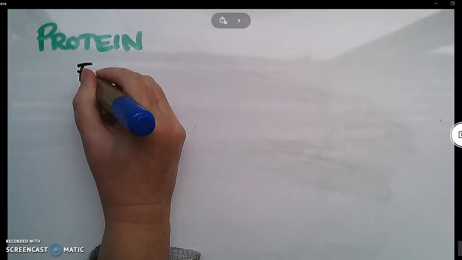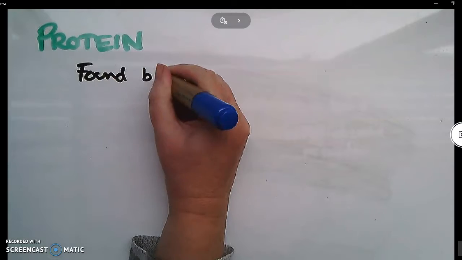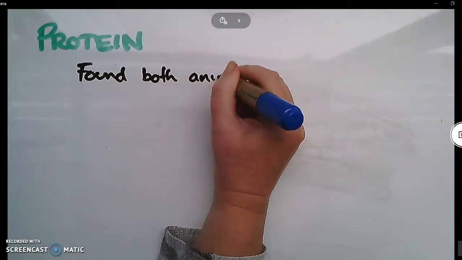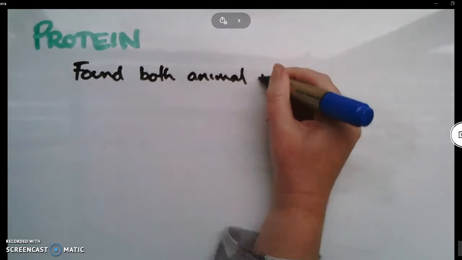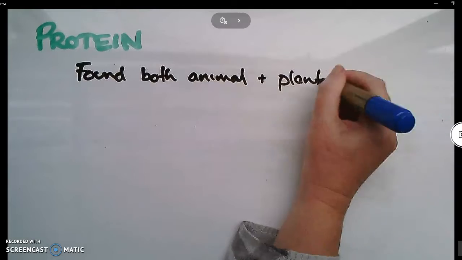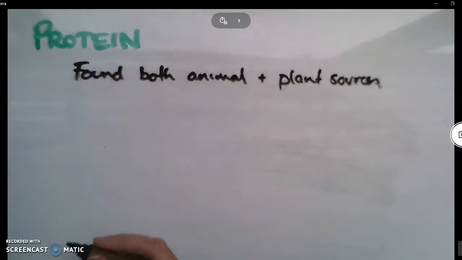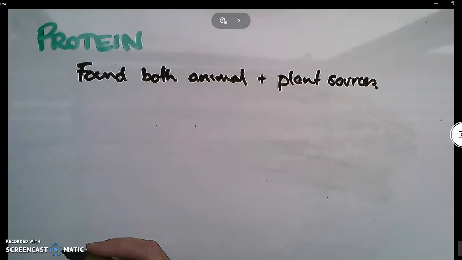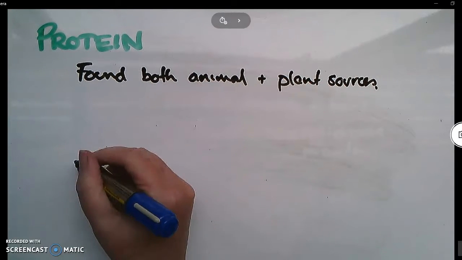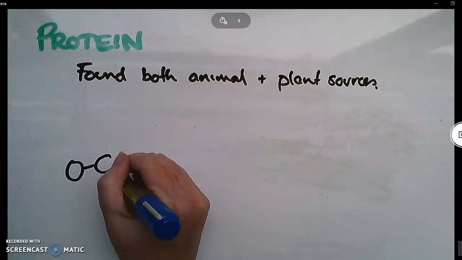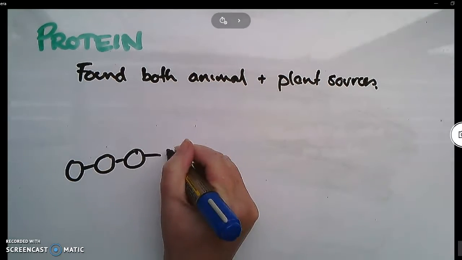So we know that proteins are found both in animal and plant sources. The makeup of protein is that they're actually a strand of amino acids, okay?